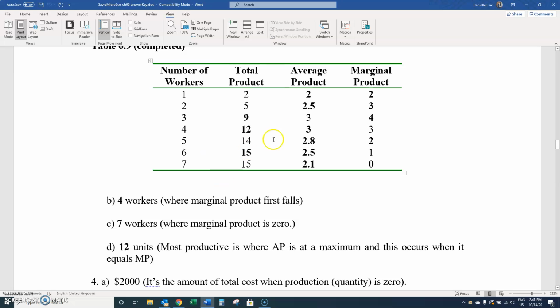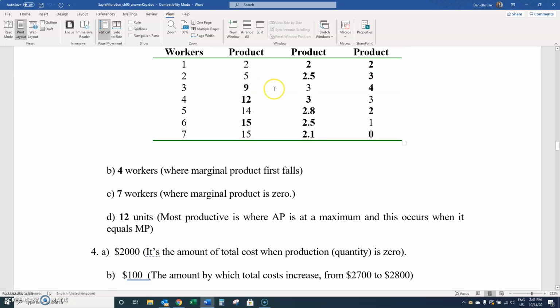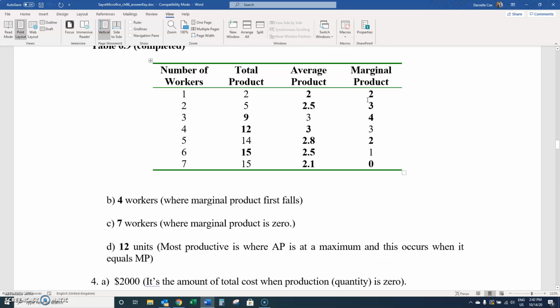What is the most productive output? Well, you can look at your table here. Your most productive output, if you look here, 3 is here twice, but it occurs when average product equals your marginal product.